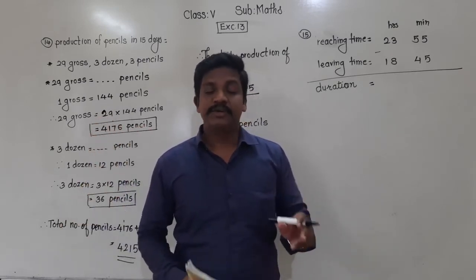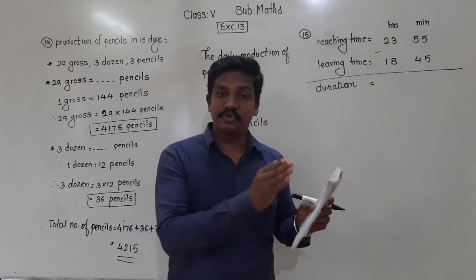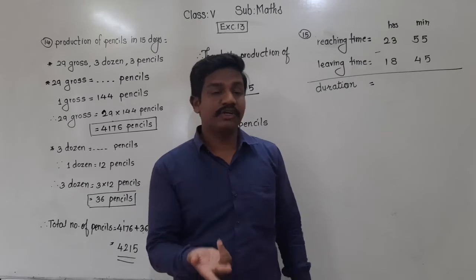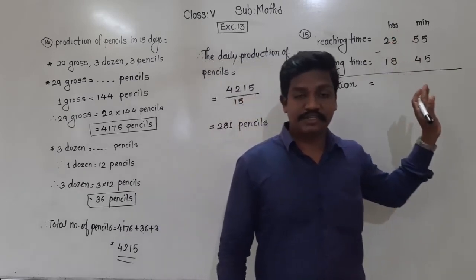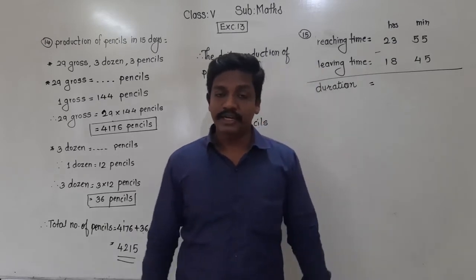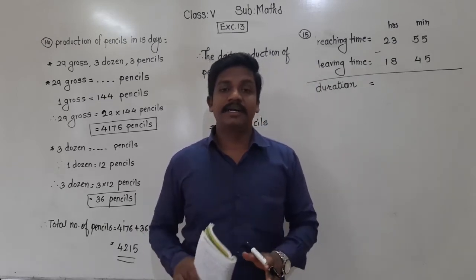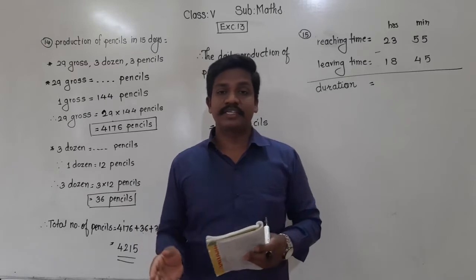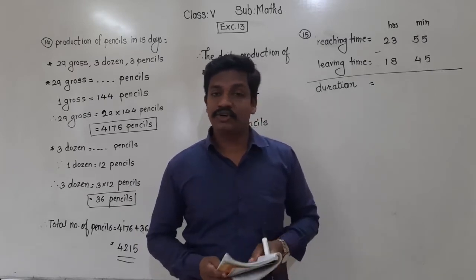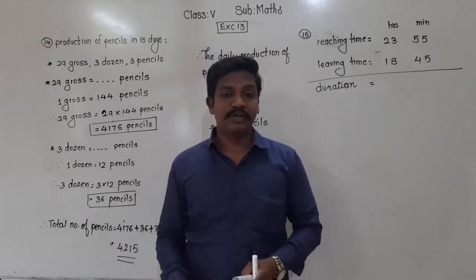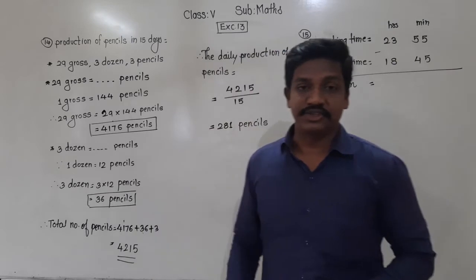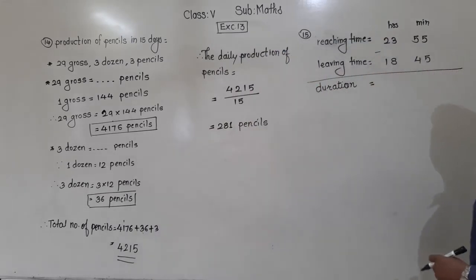If the time is given according to the 12-hour clock, we first have to convert it into 24-hour clock time, then do the addition or subtraction, and convert the answer again into 24-hour clock time. Keep this in mind. So let us do the subtraction here.